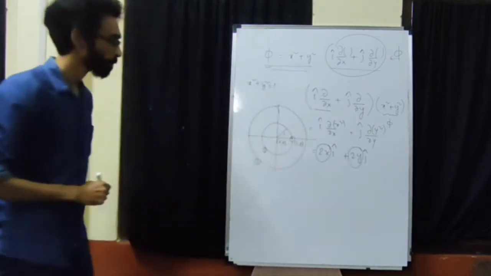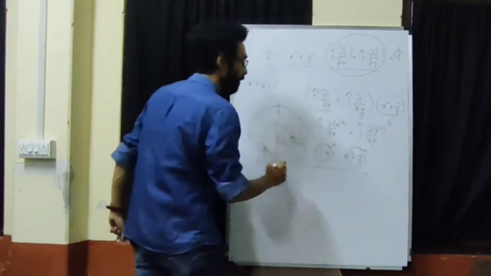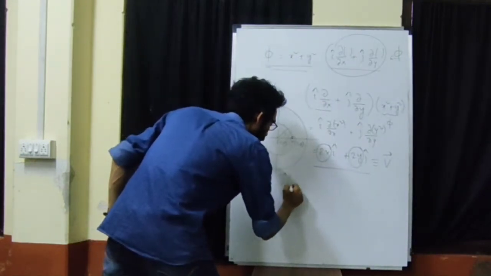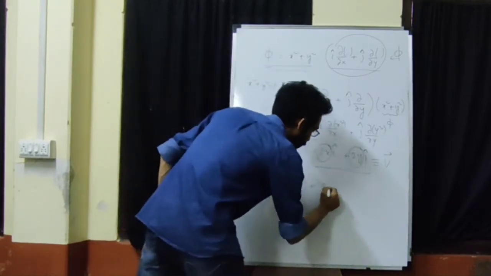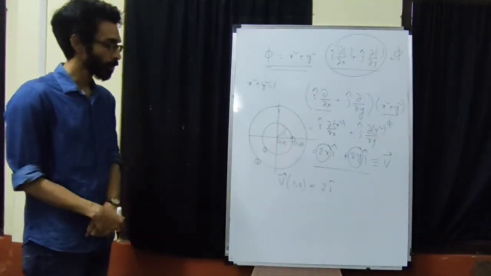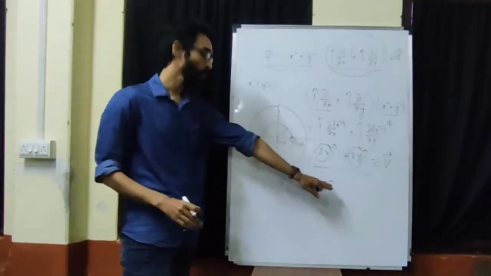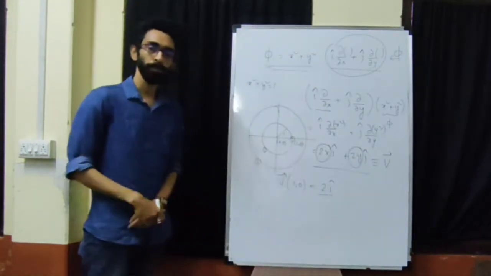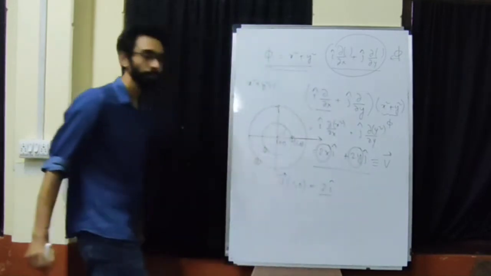At this point, what is the value of this vector? Let's call this vector v vector. So v vector at the point (1, 0) is twice i cap. Twice i cap is a vector in the x direction, because there is no y component here, and its length is 2. So I can draw this vector like this.